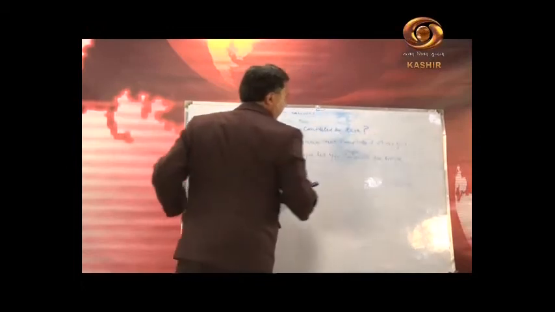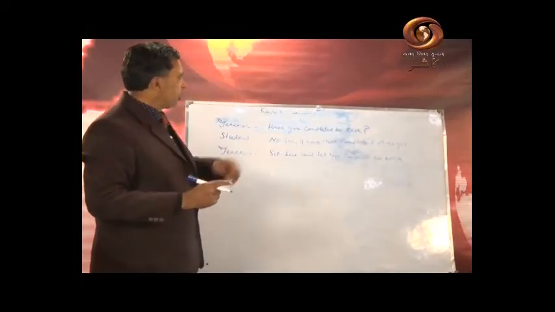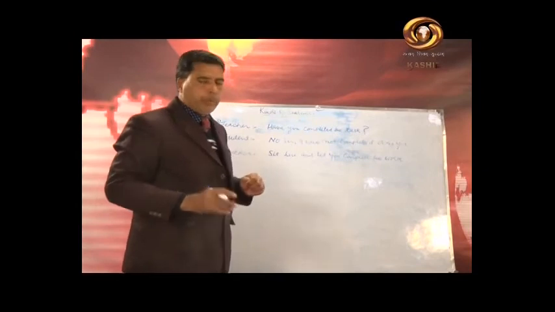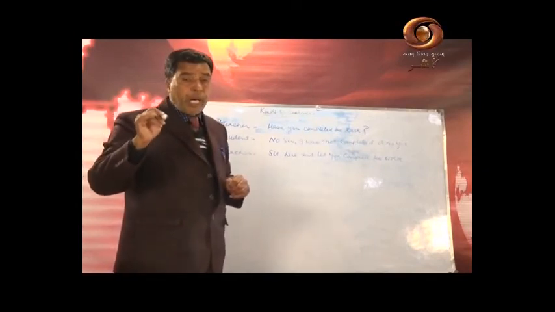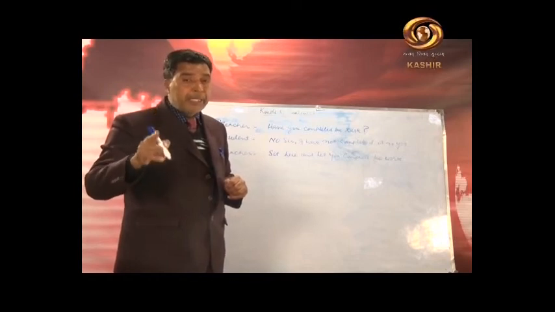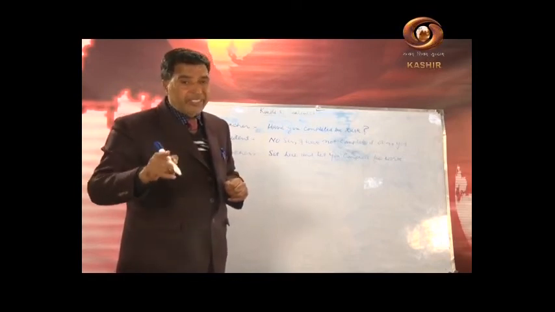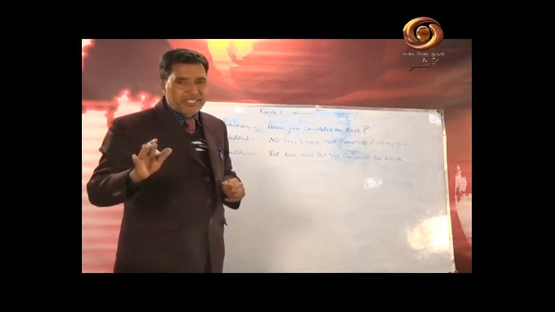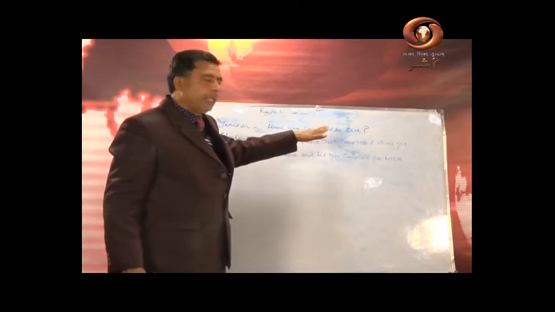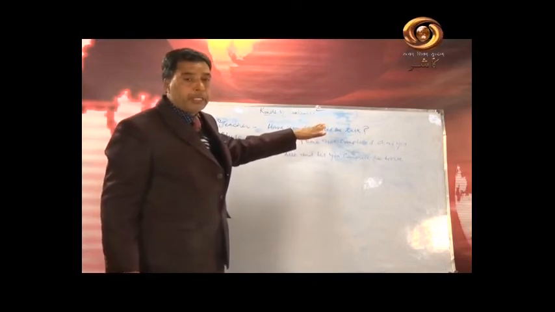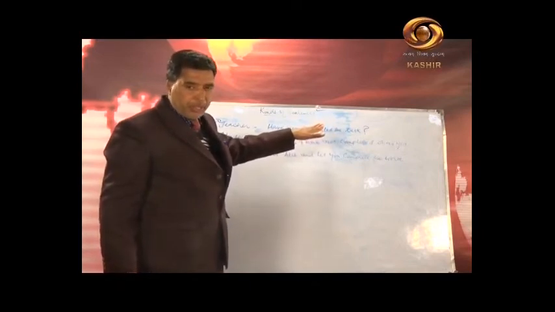Once again, I put a full stop. Here I put a full stop. You have to keep this thing in mind because these punctuation marks say what type of sentences you are writing. Do you understand? In the very first sentence, I've used a question mark, interrogation mark, note of interrogation.